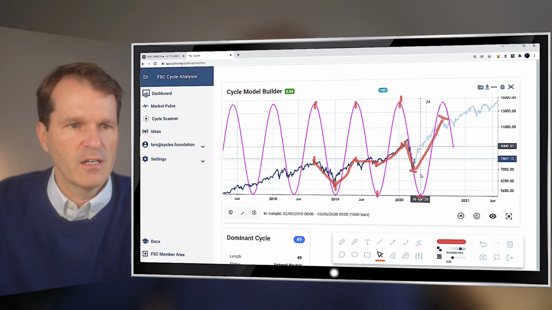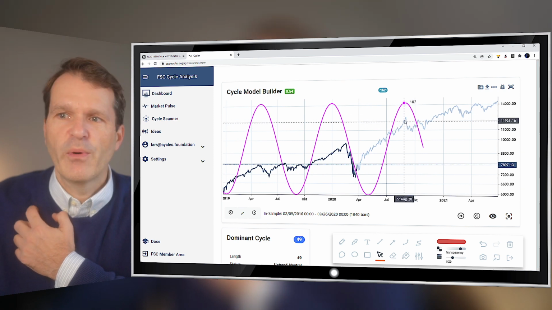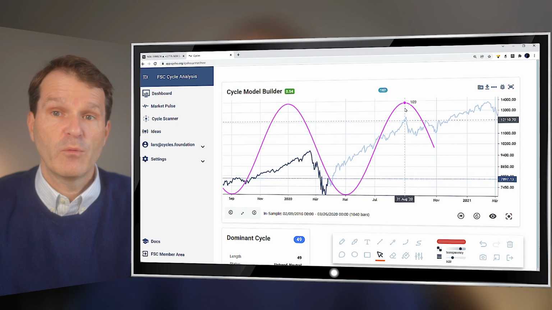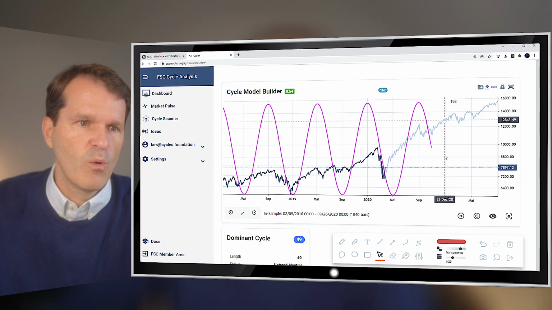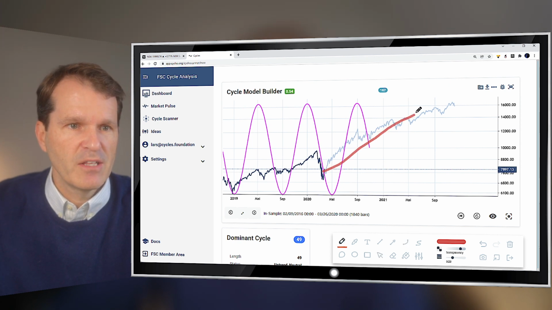We can even zoom in a little bit at this point in time. We saw a minor low, and we projected this live on the channel, but you see that the trend was so strong that this cycle, which is still there, you can see it on the chart.